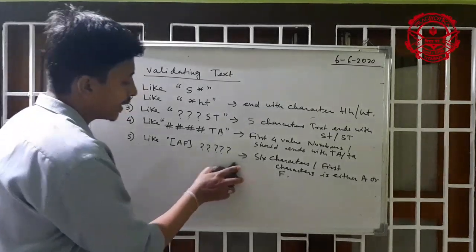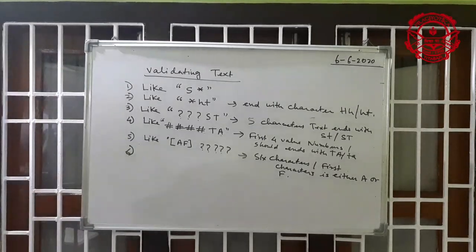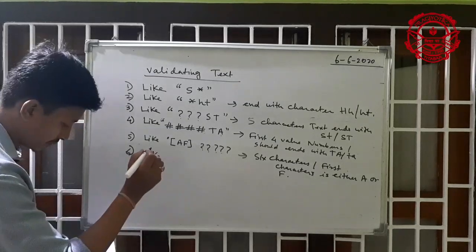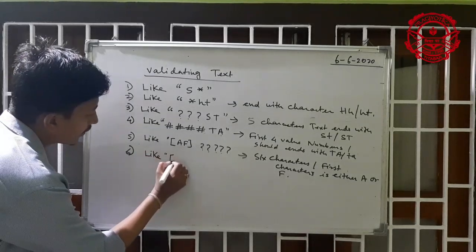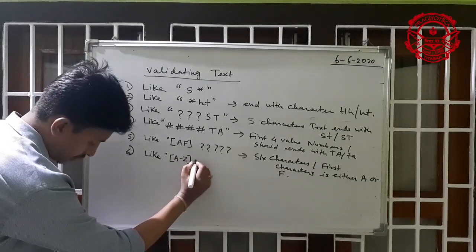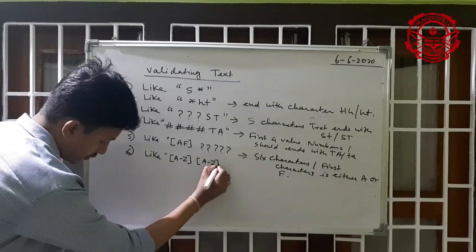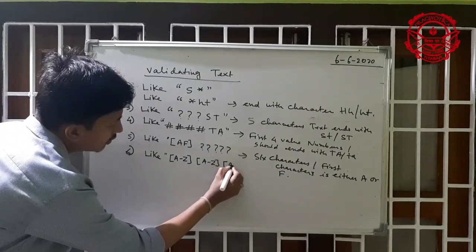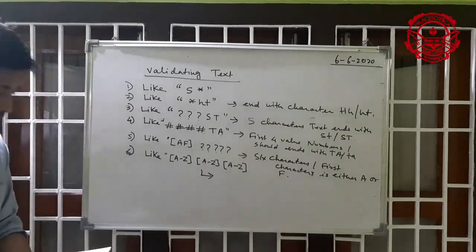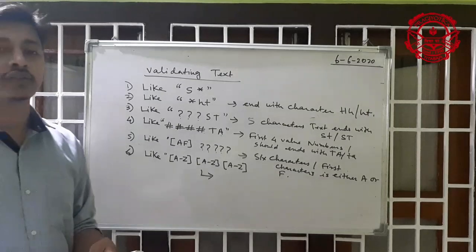Now the last part, number 6. Like, A to Z, A to Z, A to Z. It means what? You can see here A to Z, A to Z, A to Z. Okay?